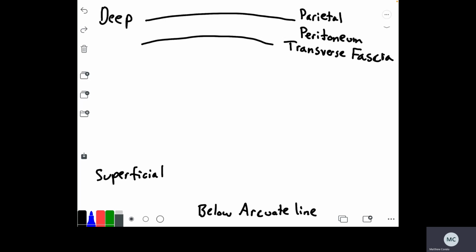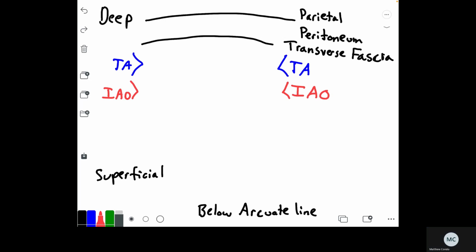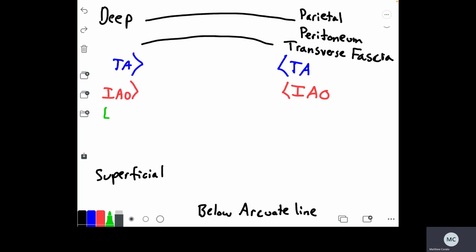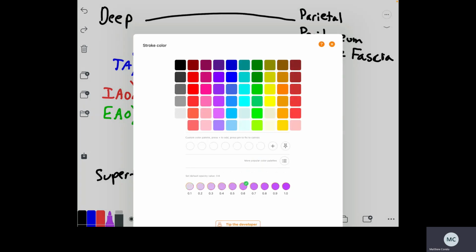Here's TA, here's IAO, there's EAO, and then right in the middle, we're going to draw in RA.